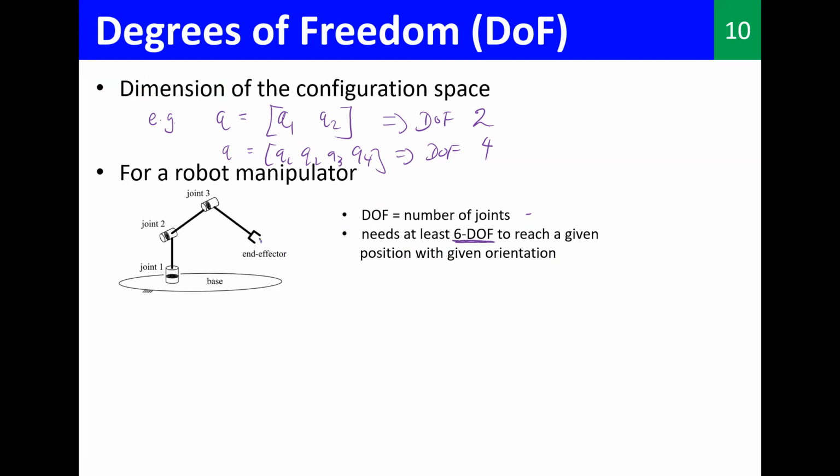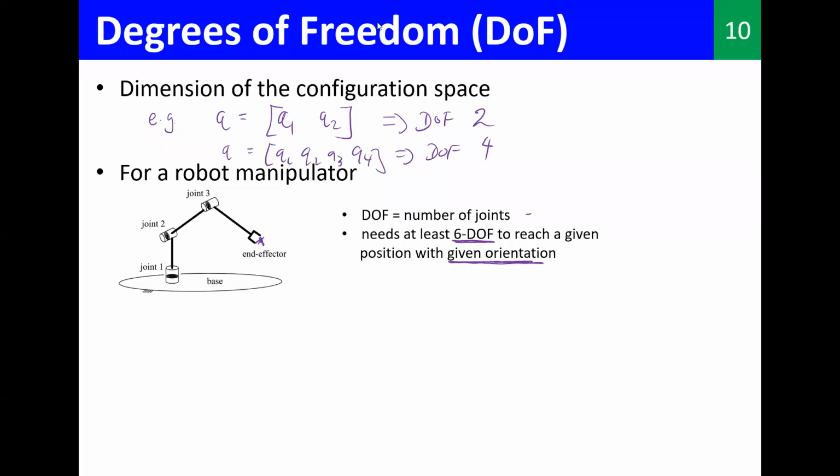Let's say this is our target position, something there that we need to pick. To reach a given position with a given orientation, we don't just go there, but we have to keep the end effector in whatever orientation we would like.